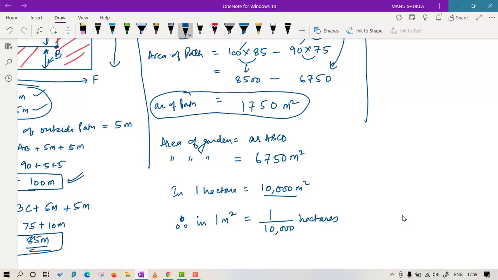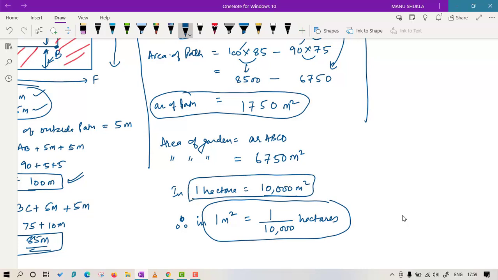This relation we will use. I hope you are able to understand. This we know actually, that 1 hectare is the same as 10,000 meter square. From this relation only I found this new relation which will help me in this question.